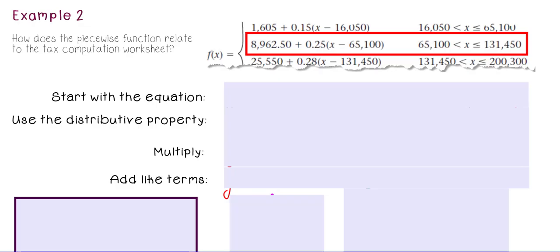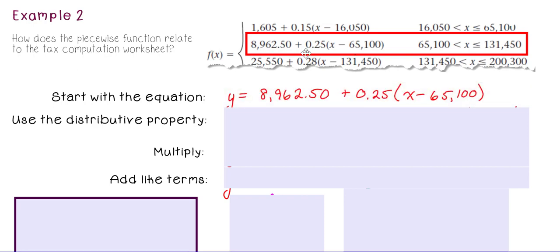In example 2, we want to figure out how the piecewise function relates to the tax computation worksheet. So first off, we're going to take our equation and simplify it. We're going to start with the equation and just pick the 25% bracket.